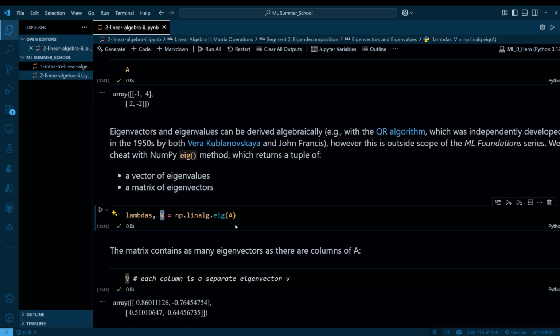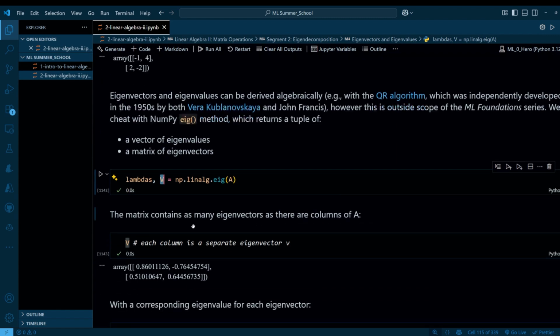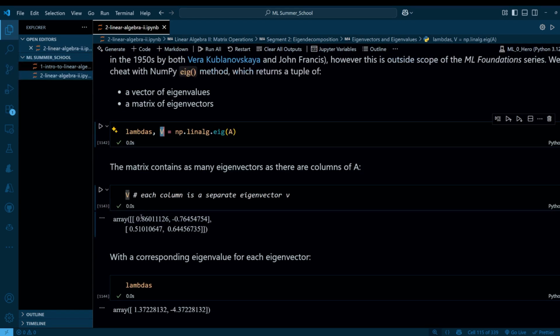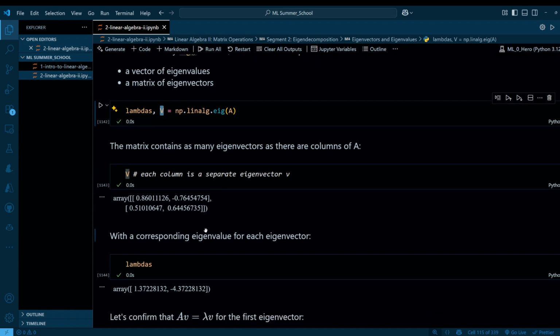So A is the matrix, and this is the eigenvector we get. And you may say, hey, this seems like a matrix. Actually everything is a matrix, even the vector. But yeah, that's the thing.